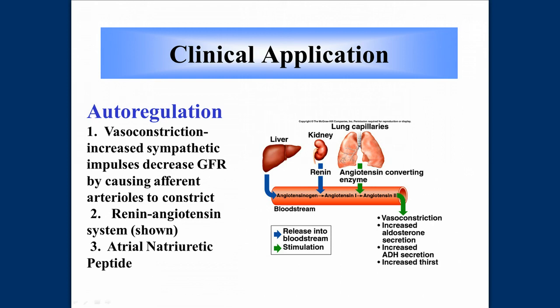If you've heard of a person receiving an ACE inhibitor drug, what is happening is it inhibits the angiotensin converting enzyme, so angiotensin II is not formed or released, and this helps regulate blood pressure by blocking angiotensin II. So, angiotensin converting enzyme, ACE inhibitor.